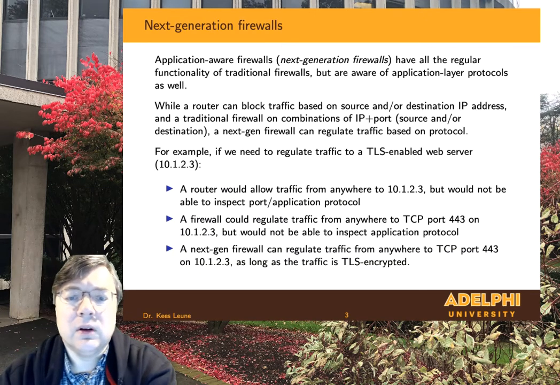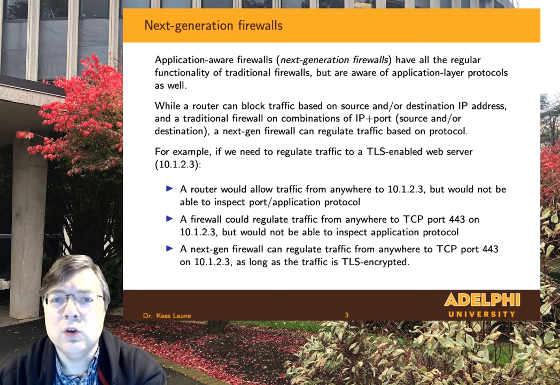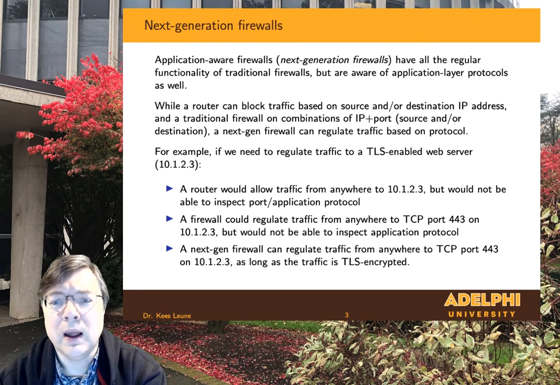Now, I started by saying that current firewalls don't necessarily know much about the data that's going through them, as long as that's data that lives at protocol levels, I should say, above the transport layer. Next generation firewalls, or application-aware firewalls, as they are also known, are able to do that.